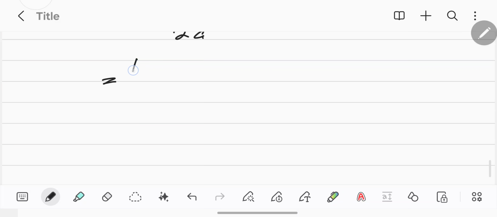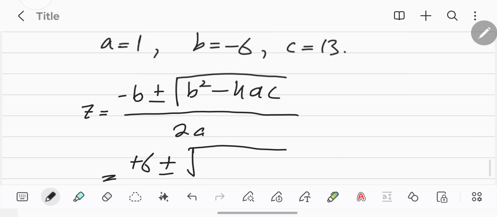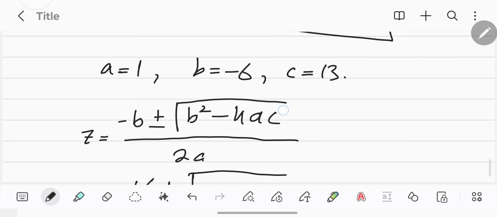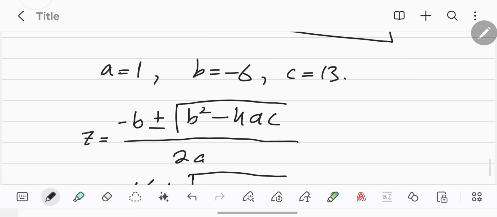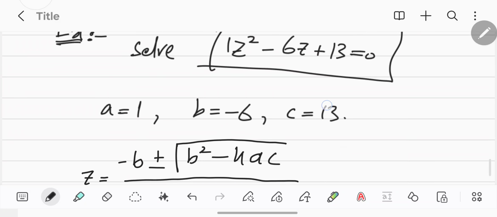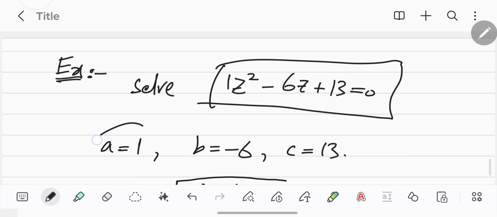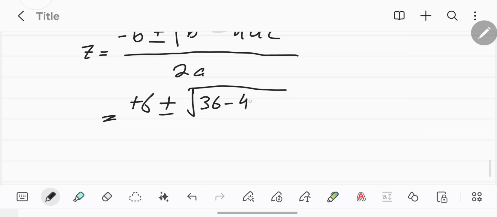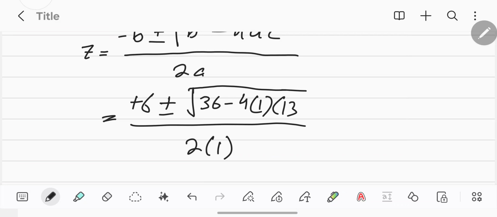So I will write 6 plus and minus. B square means the square of negative 6, which will be 36. So I'll write 36 here. Minus 4 times a times c. A is 1 and c is 13. So I will write 1 times 13, over 2 times a. A is 1.